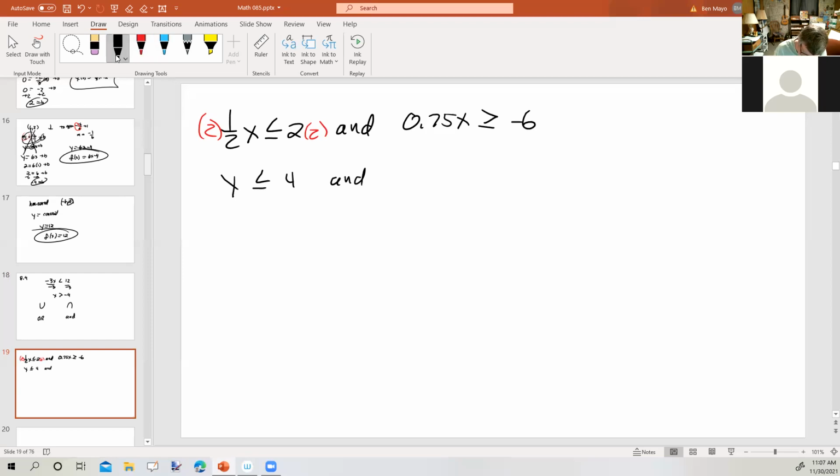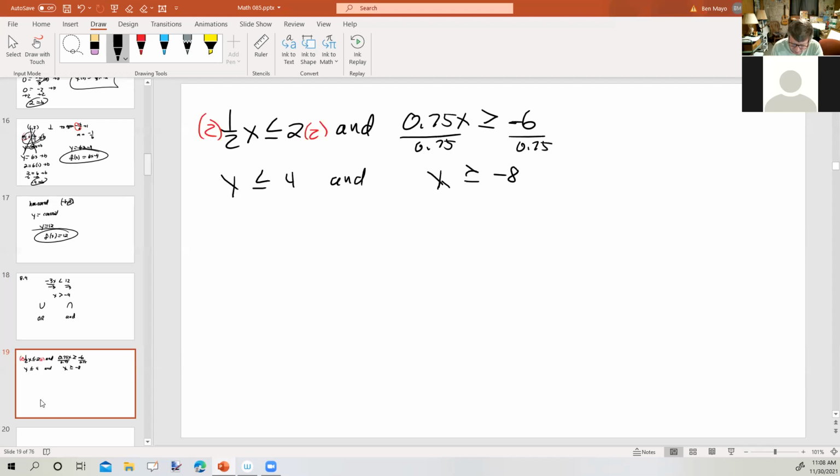And let's see here. I could just divide both sides by 0.75. So I get x greater than or equal to -6 divided by 0.75, which comes out to be -8. So I've got x is less than or equal to 4 and x is greater than or equal to -8.